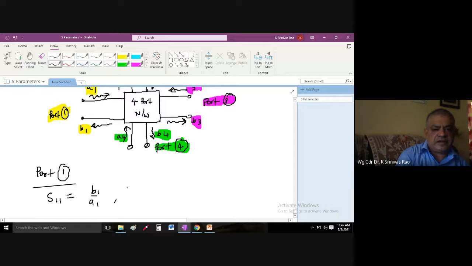Then we have S12, which is given by B1 by A2. Similarly, we have S13, B1 by A3, and S14 represented by B1 by A4.